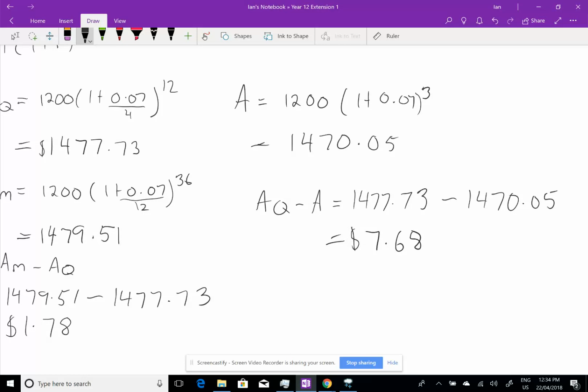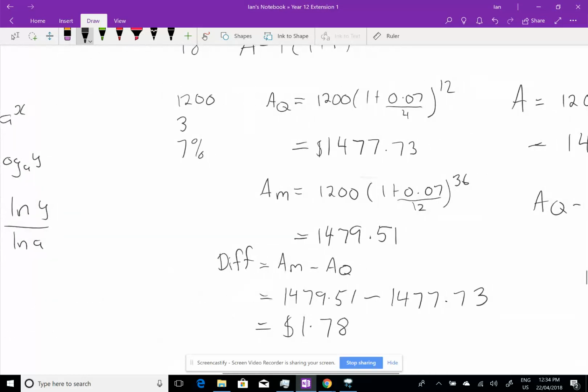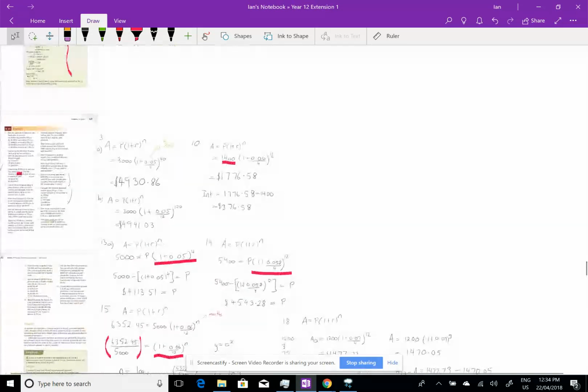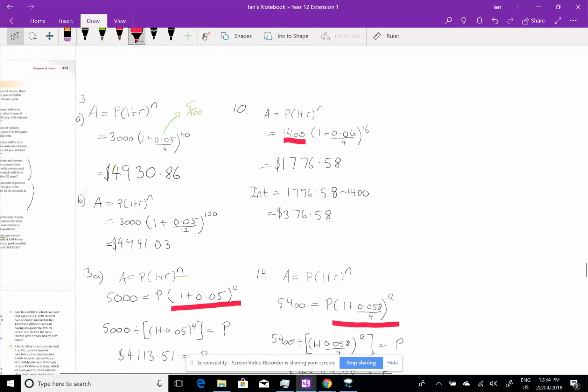Make sure you read the question next time. So these are all pretty easy. Please, can you get into the habit of writing your formula, then showing your substitutions?